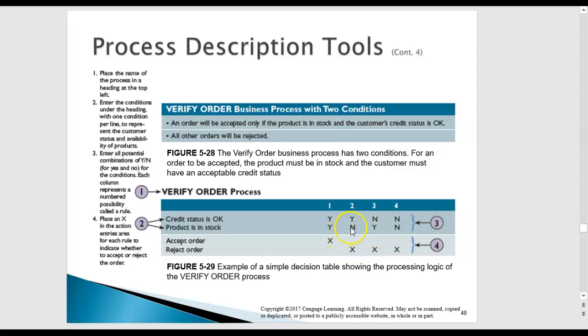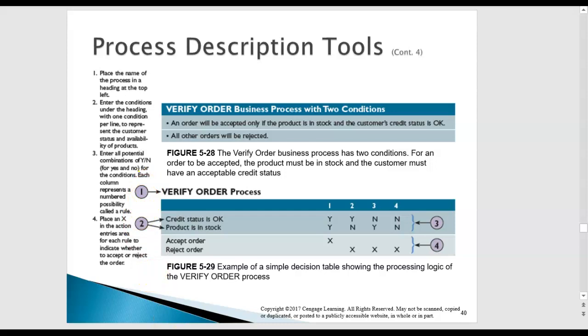So what you see over here is that you have all possible combinations of the 2 conditions that are being imposed, and you have what the system is supposed to do when any of these options come up. It just shows you how easily you can demonstrate the different if statements and if-else statements applied within a specific process.